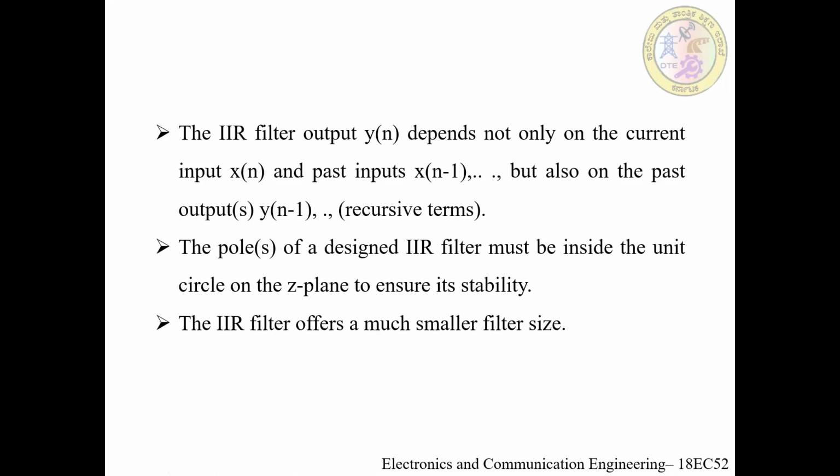So the objective of IIR filter design is to determine the filter numerator and denominator coefficients to satisfy filter specifications such as pass band gain, stop band attenuation, as well as the cutoff frequency or cutoff frequencies for low pass, high pass, band pass, and band stop filters.